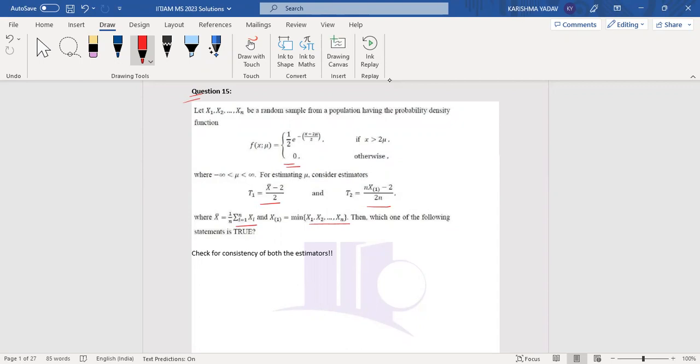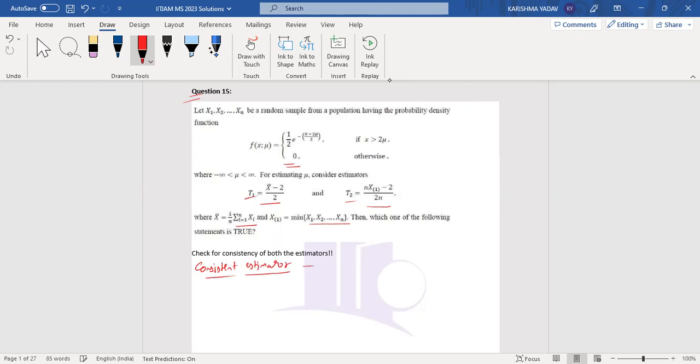So in the options we have to check for the consistency, whether these two estimators are consistent or not. Let's check for that. Before doing this question, you have to know what a consistent estimator is.